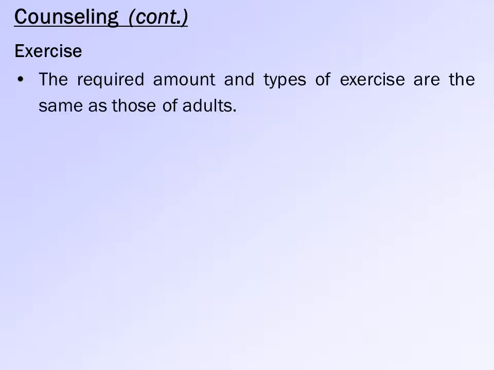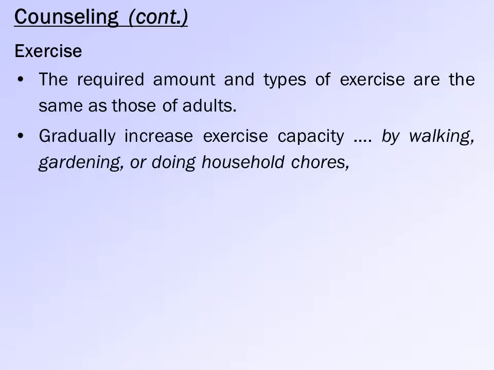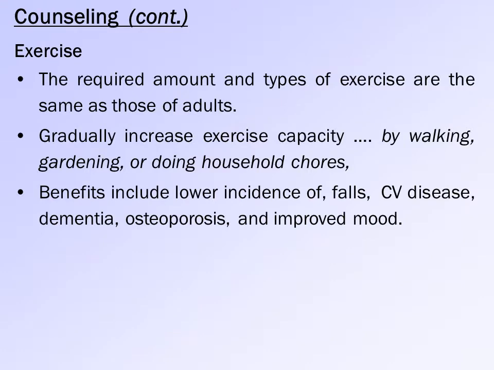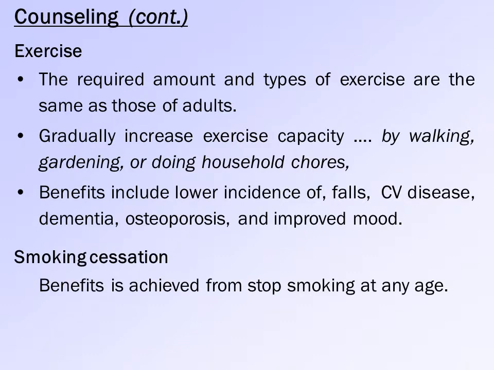For exercise, the required amount and types of exercise are the same as those of adults, gradually increasing exercise capacity by walking, gardening, or doing household chores. Benefits include lower incidence of falls, cardiovascular disease, dementia, osteoporosis, and improved mood.